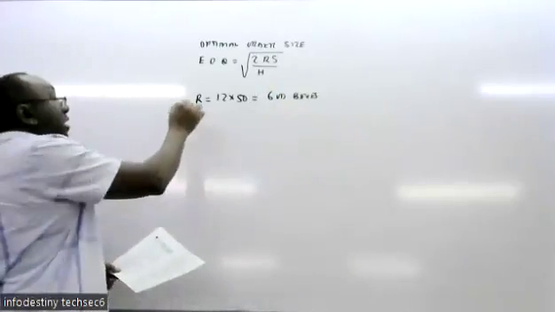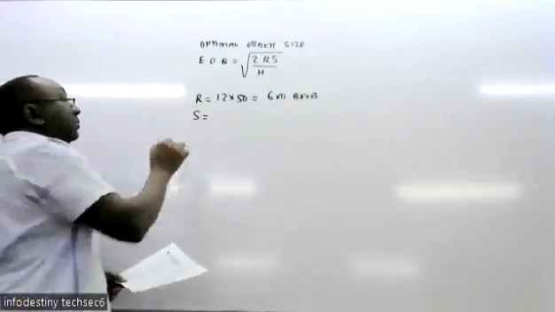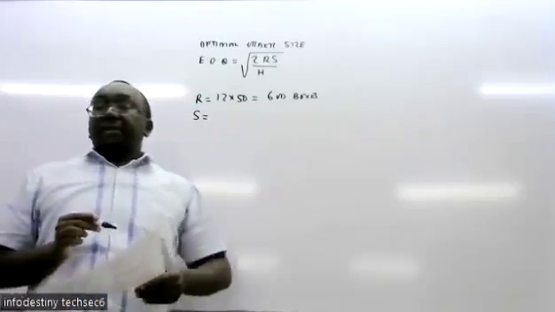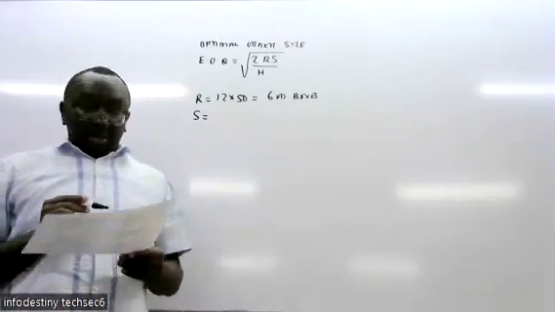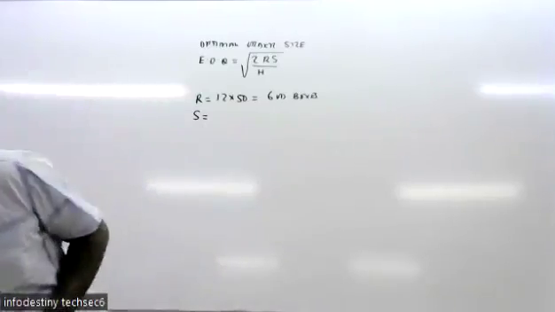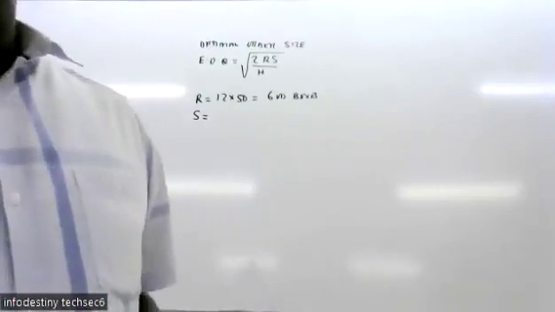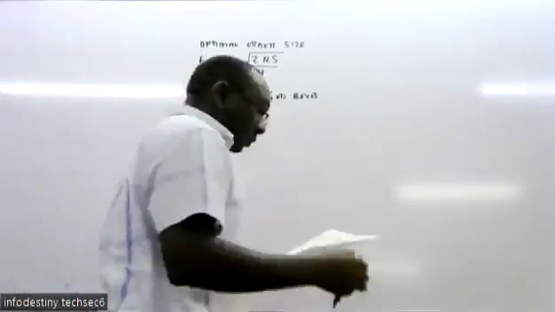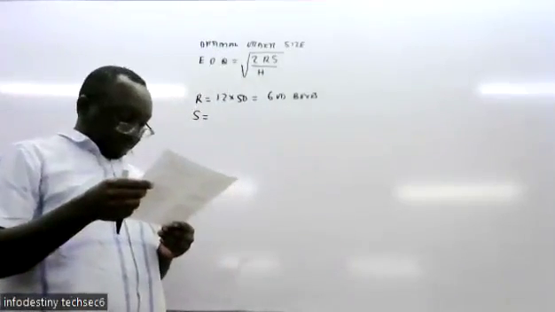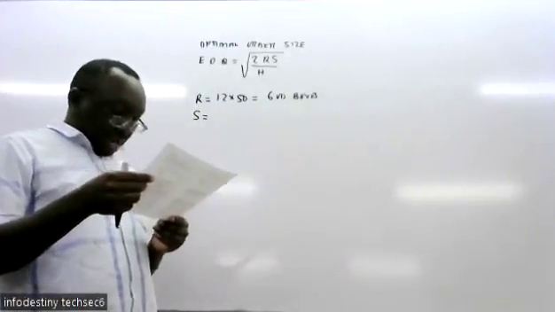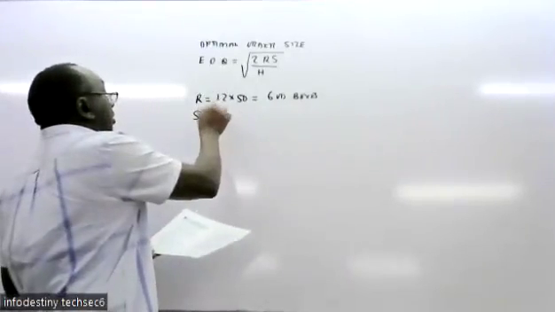And then we identify S. S is the fixed cost per order. We are told it is 16 shillings.